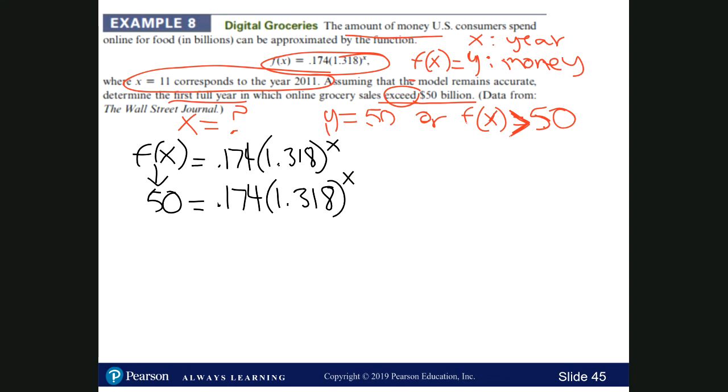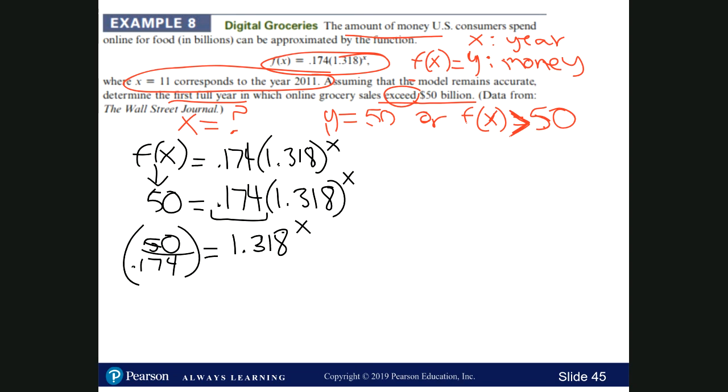Then from here, this quantity is multiplying the base, 1.318. So it makes sense that if I take it across the equal sign, it will be doing the inverse operation, so it will be dividing. So 50 divided by 0.174 will equal 1.318 to the power x. We're not going to divide this, we're just going to leave it like that in parentheses.